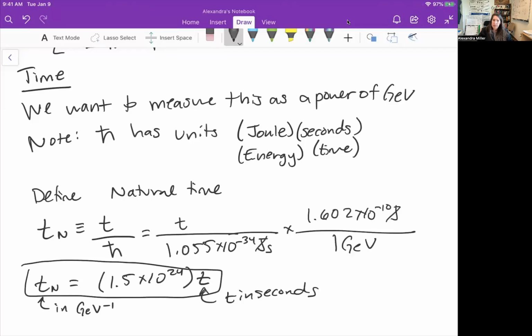Now, I said previously when we were thinking about mass and momentum that the way things worked out, the fact that we were measuring them in terms of just GeV, that they seemed straight up like an energy, that made sense. It turns out this also makes sense, that time is sort of like an inverse energy.